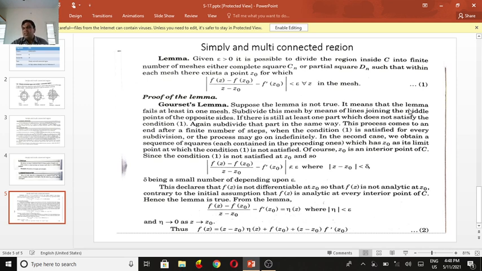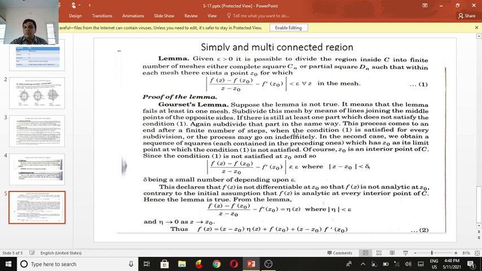It means that the lemma fails in at least one mesh. Subdivide this mesh by means of lines joining the midpoints of the opposite sides. If there is still at least one part which does not satisfy condition 1, again subdivide that part in the same way.